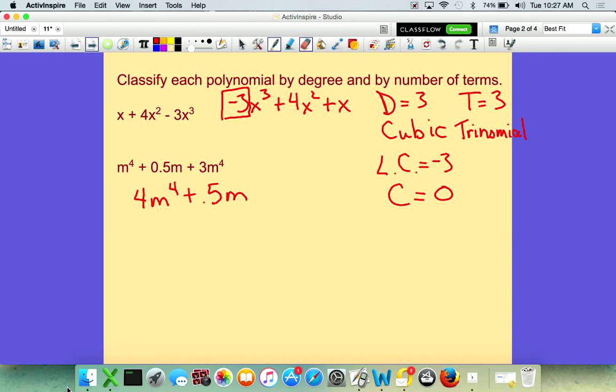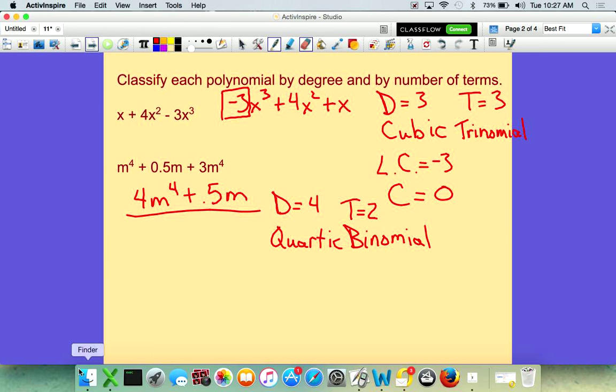Now that I've simplified that, I can see my degree is 4, and that is a quartic. And my terms, I have 2 terms, so this is a binomial. So if I were to give this entire equation a name, it'd be a quartic binomial.